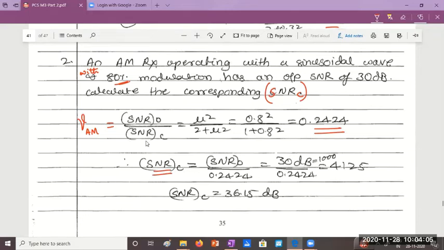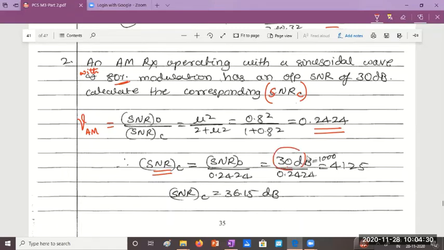The SNRC is defined as SNRO divided by the figure of merit. So I just have to take this to the left hand side and bring the figure of merit below. How much do you get? This 30 decibels is given. You convert this from 30 decibels to regular value.